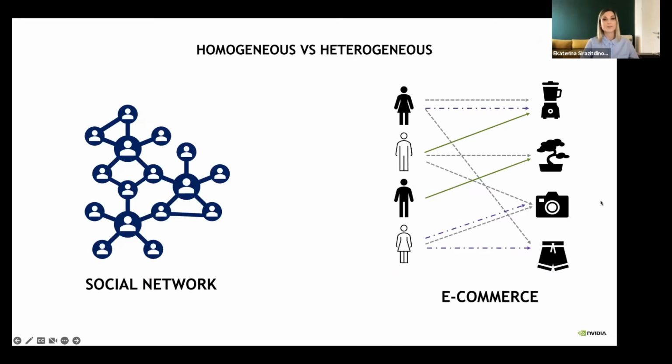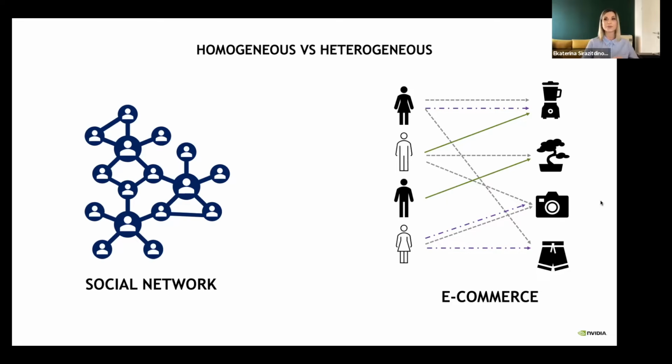Graphs can also be homogeneous and heterogeneous, and a social network is a homogeneous graph because all the entities or nodes are of a homogeneous structure. So on a social network like Facebook, we have users and they are all the same. An e-commerce platform is an example of a heterogeneous graph.